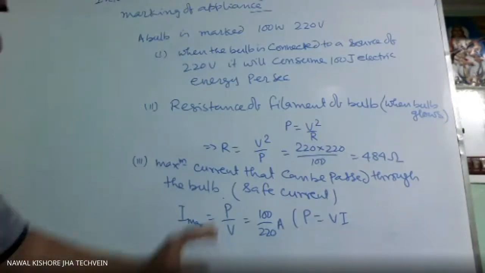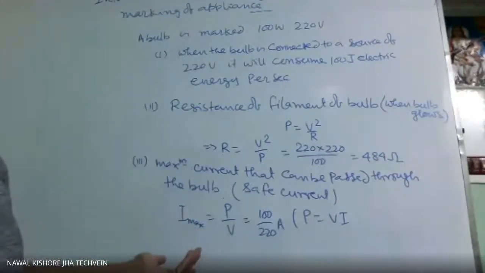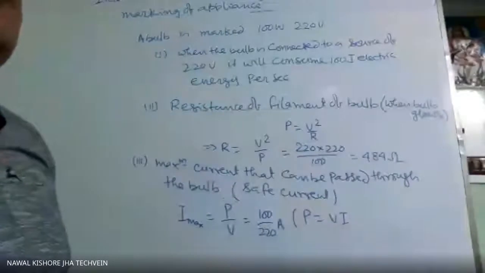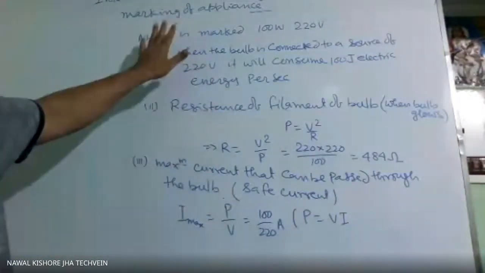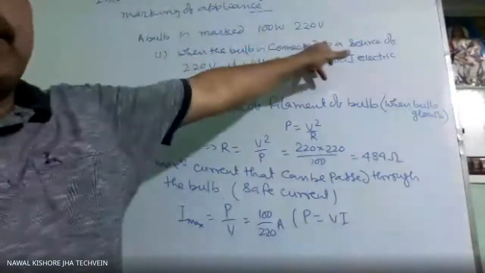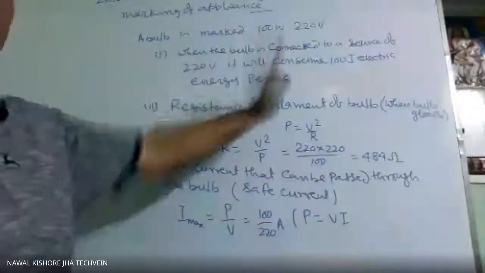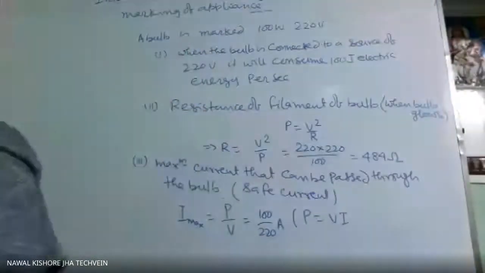So if voltage is less, naturally current will decrease, so its power will be affected. It will not give full light. So these are the information that we can get from the marking of the appliance. Any appliance you purchase has this marking.